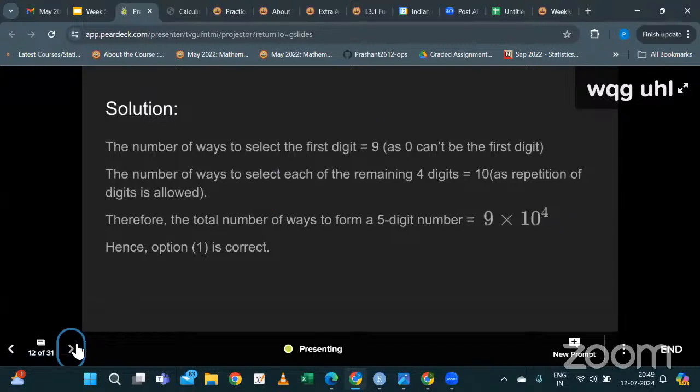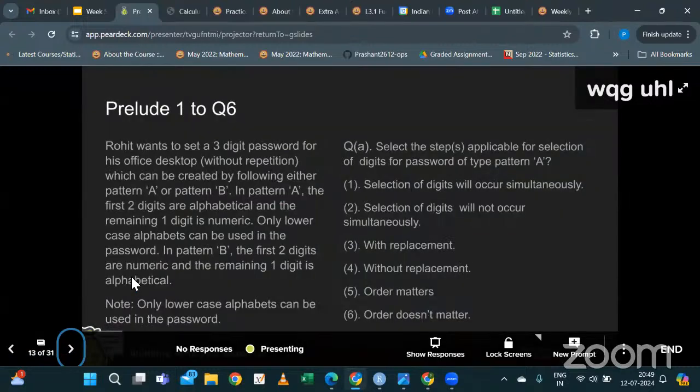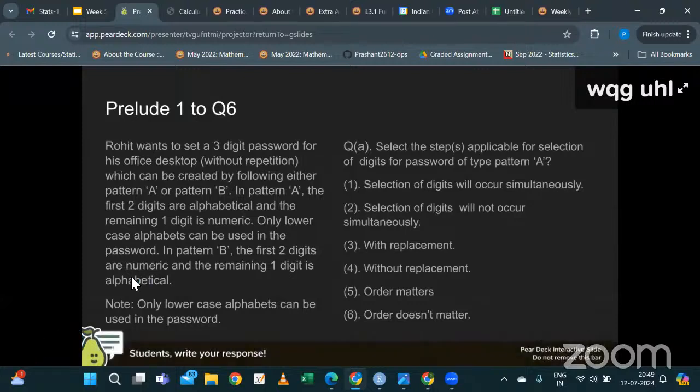Now here you have to be careful. Here we have been asked a question very similar to an MSQ question. In an MSQ, before calculating the final answer, you have to identify the particular steps that should be correct.